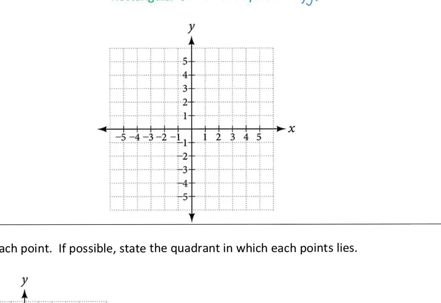Looking at this graph, our horizontal line is our x-axis, and the vertical line would be our y-axis.